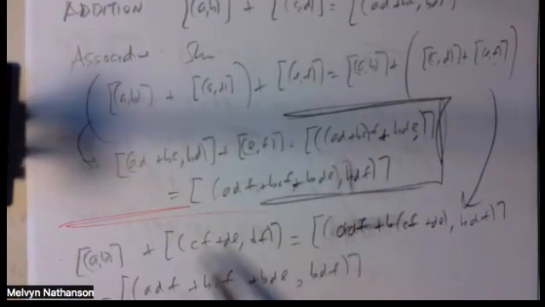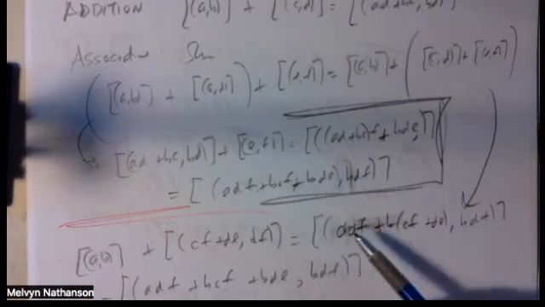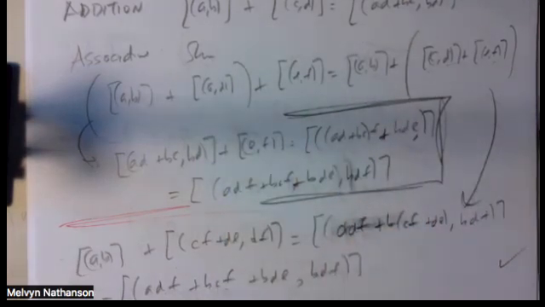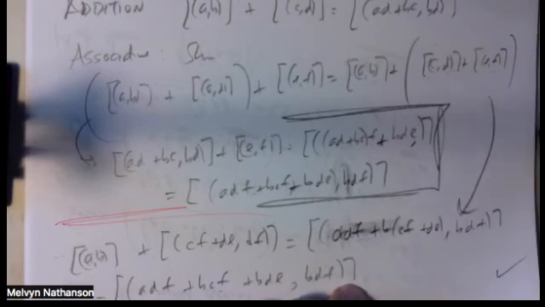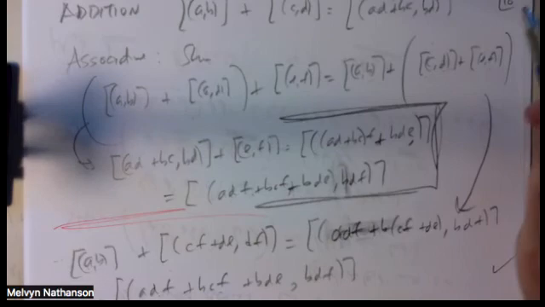And I have ADF, ADF, BCF, BCF, they're exactly the same. So this equals this. So I guess you can't be afraid to calculate a little bit. And so addition of these equivalence classes is associative.